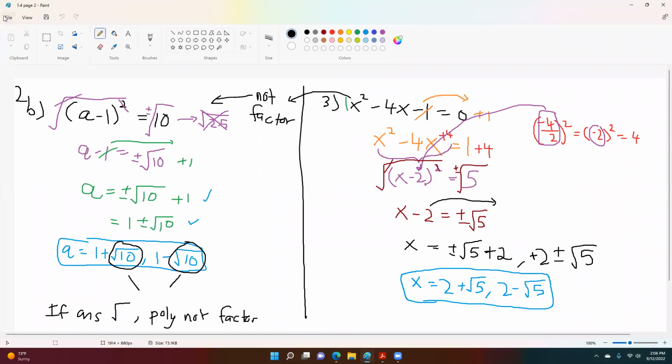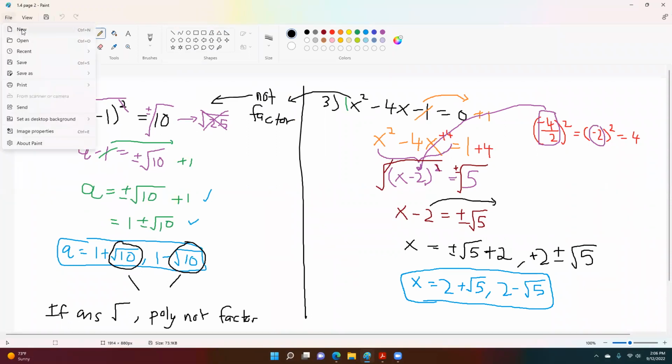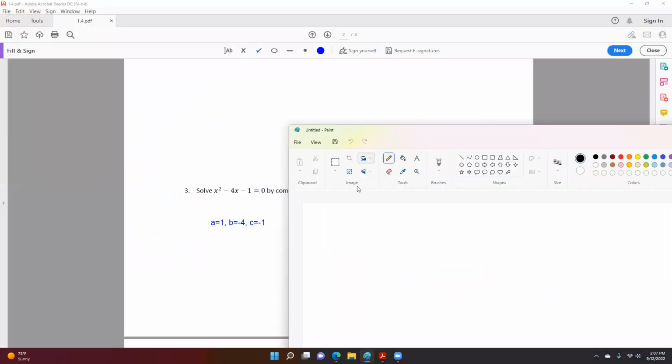So let's do question 3 again, but this time using the quadratic formula, and your answer is still the same. I'm pointing out to you, this is your answer. So I'm going to redo question 3 again, and I'm going to do this using the quadratic formula.